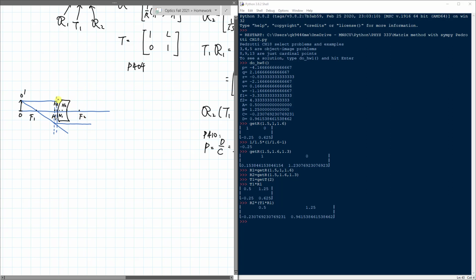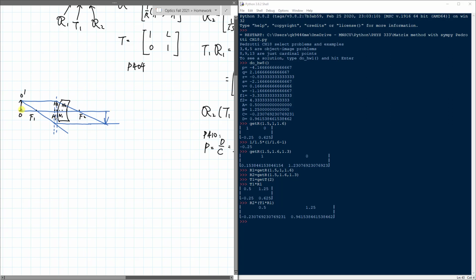So let's see, if I have a ruler, I'll use a ruler. Okay, I'll use this ruler. I missed it, but that's okay. So here is the image, and that's roughly it.